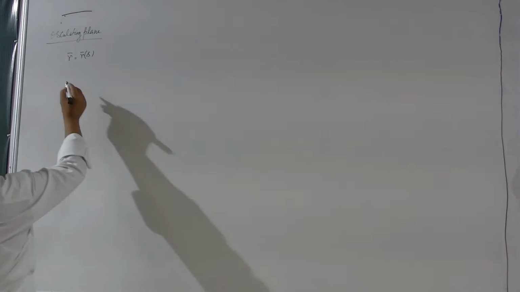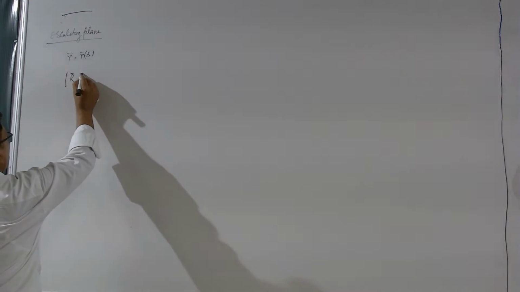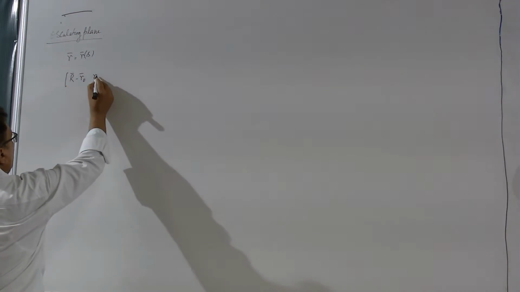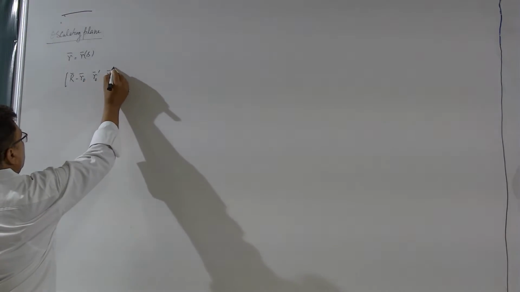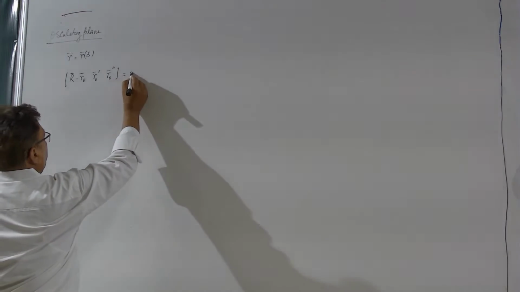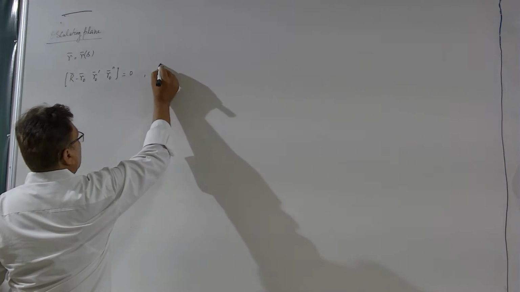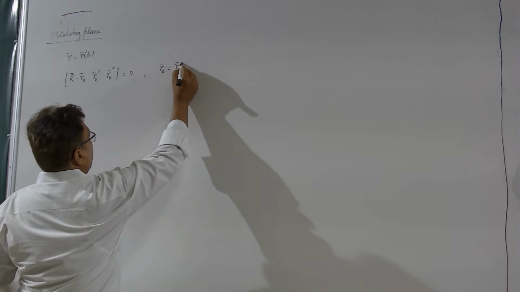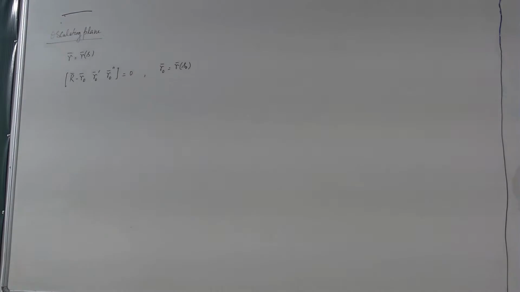Its equation comes out to be [r minus r0, r0 dash, r0 double dash] equal to 0, where r0 means r at the point corresponding to the parameter s0. So, this is the equation for the osculating plane.